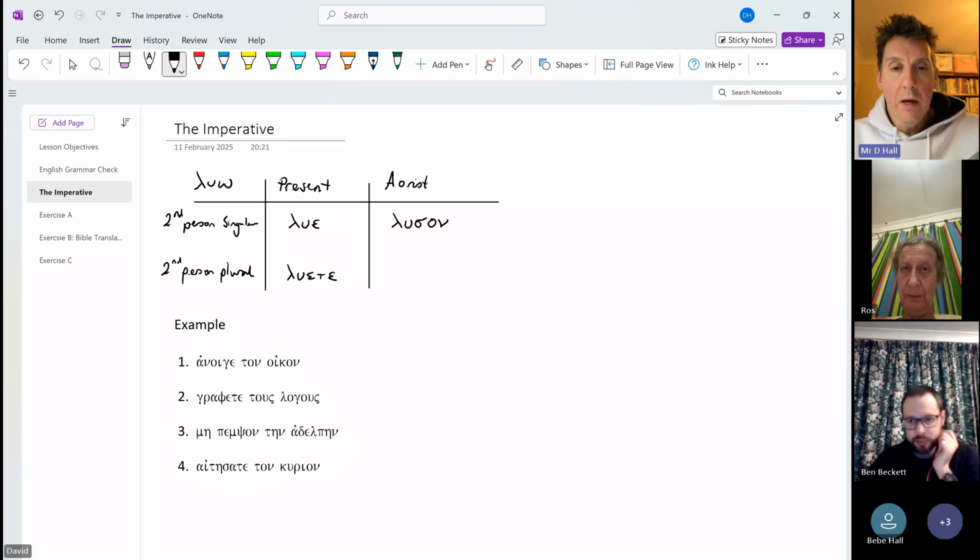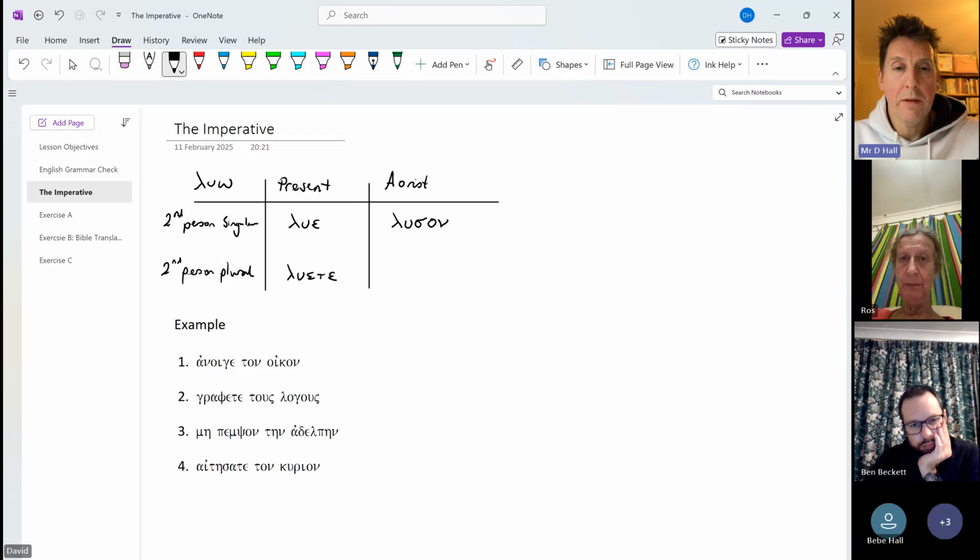And we had the sigma included, but you will also, I hope, remember that if you're talking about the aorist in the indicative, so if you're just thinking about the standard aorist tense, then there was an epsilon added to the front. There was this extra letter added to the front, the same as with the imperfect. So in the imperfect and aorist, there was an epsilon added.